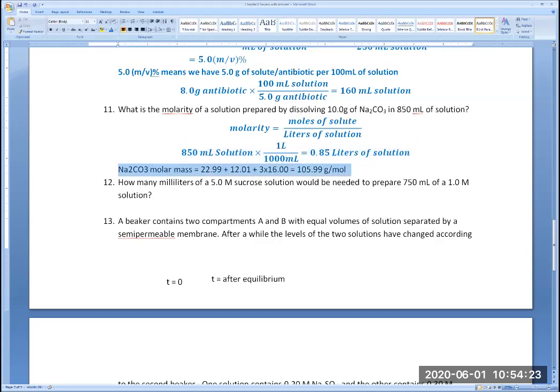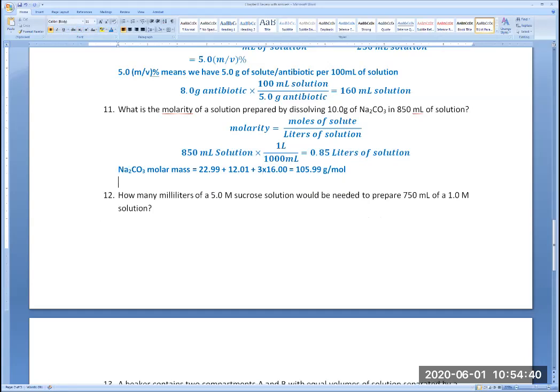Please give the unit properly. It's grams per mole. Don't tell me just molar mass. It's not enough. It's not a unit. The molar mass is the name for this, but it's grams per mole, right?